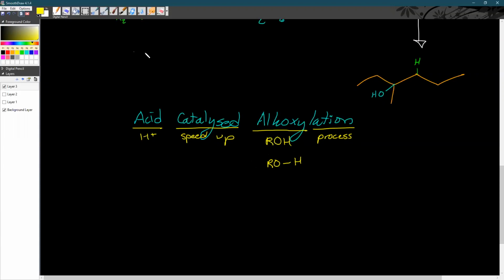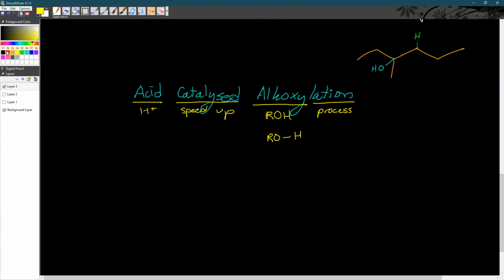And just to show you how similar these reactions are, in our above reaction, we reacted our alkene with water and an acid, and we ended up with an alcohol, right? So we added in this.